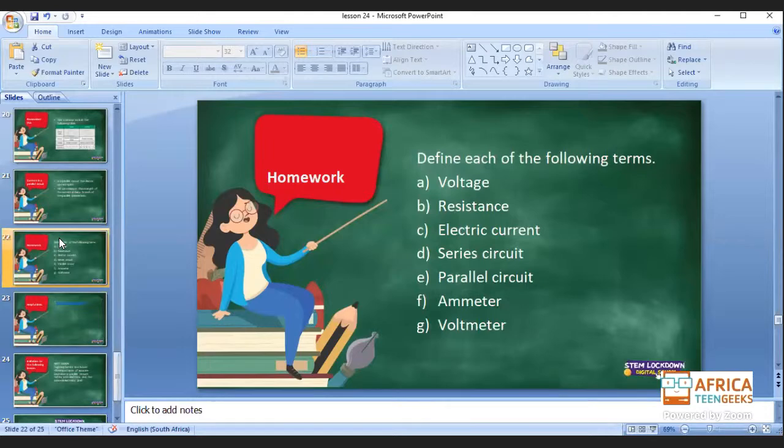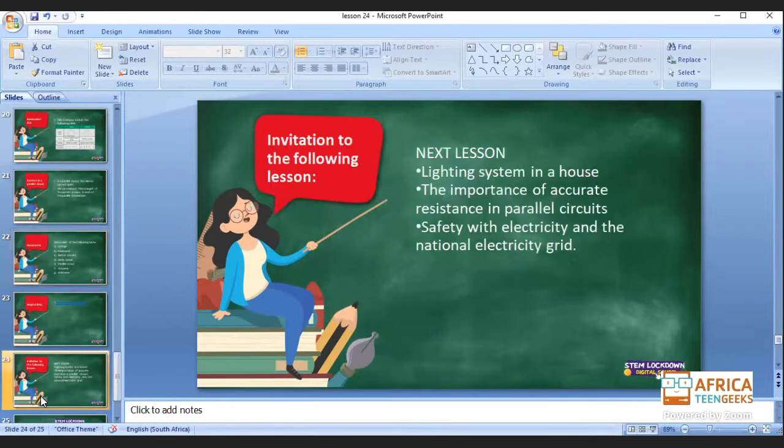Tomorrow we will be looking at the rules of the circuit, and also we want to start calculating the resistance in series and the resistance in parallel, because we now know the rules when we're talking about electricity. Tomorrow we will be doing the lighting system in a house.